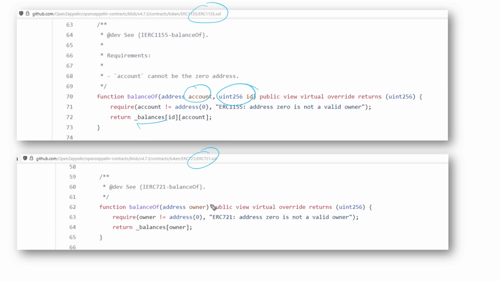And here you just know how many tokens an owner holds of any kind of ID. I don't know which IDs. There is no enumerable thing. You just know this owner holds 4 tokens. But here you know this owner holds 4 tokens of this ID. And you don't really have a way to determine how many tokens in total the owner holds unless you are programming it yourself.